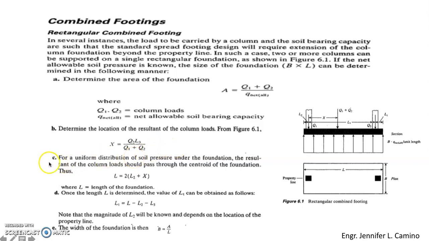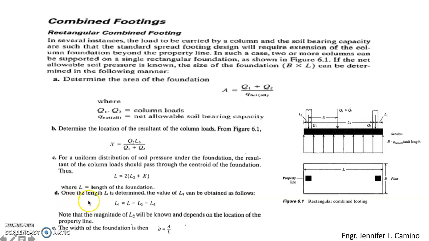For letter C, the third one, for a uniform distribution of soil pressure under the foundation, the resultant of the column load should pass through the centroid of the foundation. And the length of the foundation now is equal to 2 times L sub 2 plus capital X, which is our location of the resultant of the column loads.